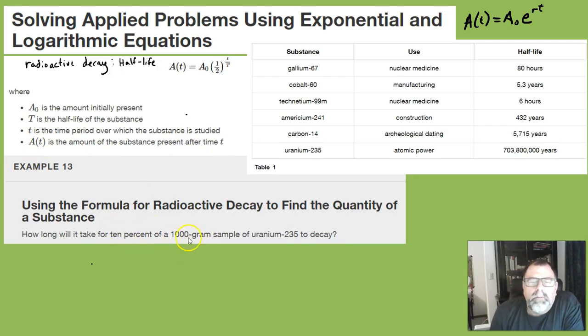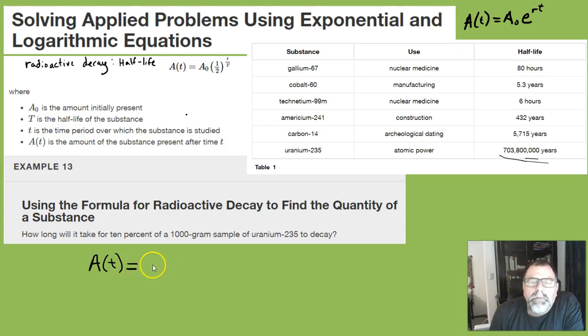So here we go. We want uranium-235, the half-life is, well, 703 billion, no, that's million, 703,800,000 years. So we're going to say, all right, how long will it take? 10%, let's just start out with the formula.